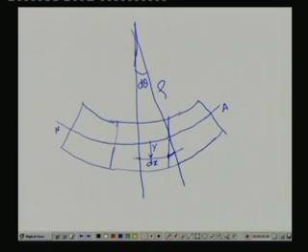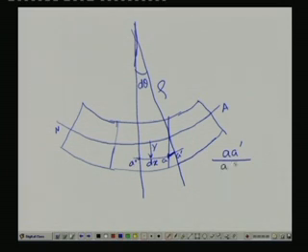So, what is the length of this particular elongation? Suppose this was A, now it has come to A dash. The length of this segment is the increment A dash, and the original length was this line, suppose A double prime.